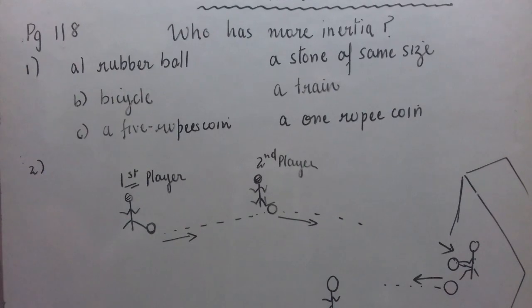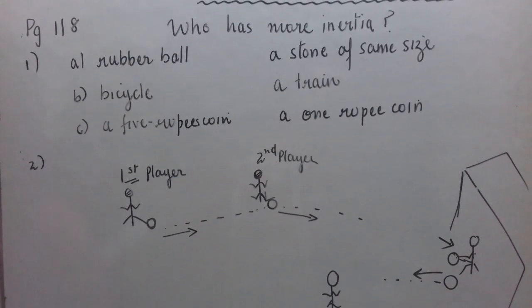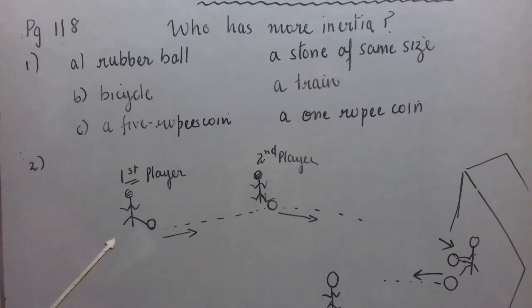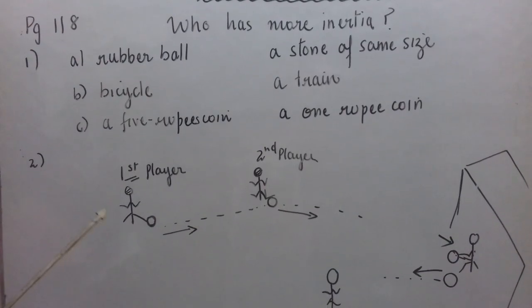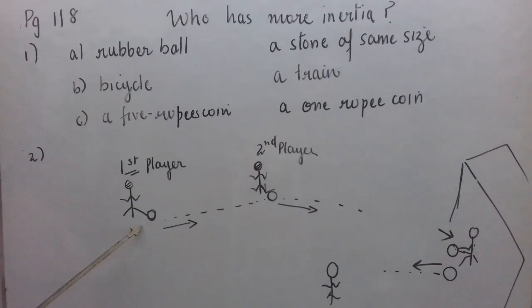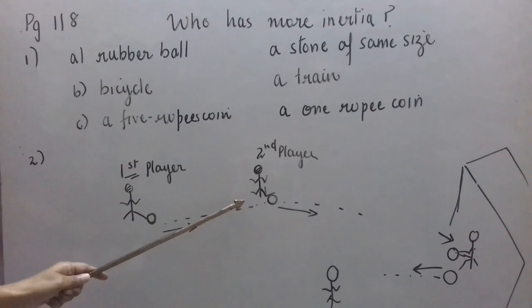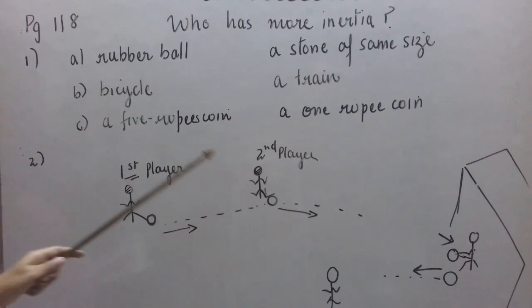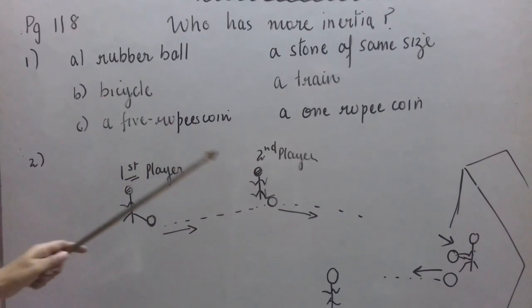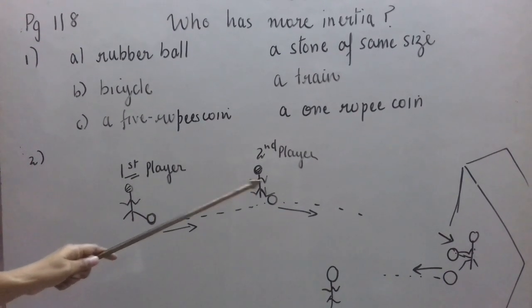A football player kicks a football to another player of his team. I have drawn a diagram here because I can explain better this way. They both belong to the same team. This is the first player, this is the second player, who kicks the football towards the goal.